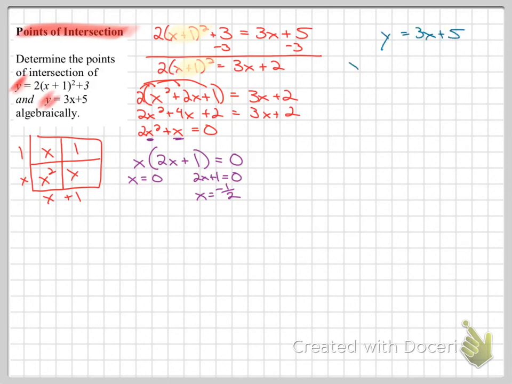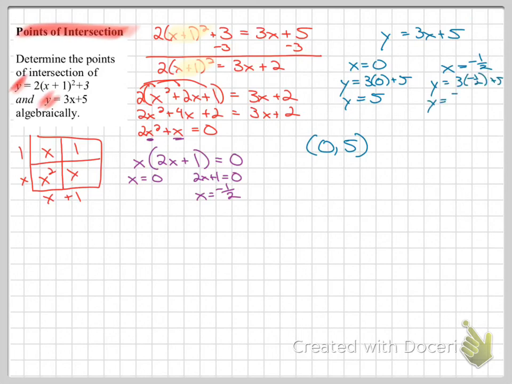I have two x's. I know x equals 0. If x equals 0, y is going to equal 5. So one of my answers is 0, 5. And then I have my other x equals negative 1/2. If x equals negative 1/2, y is going to equal negative 7/2.